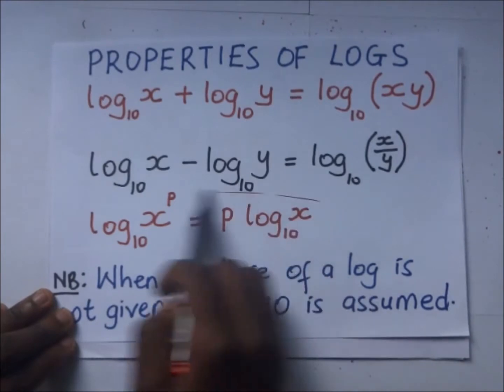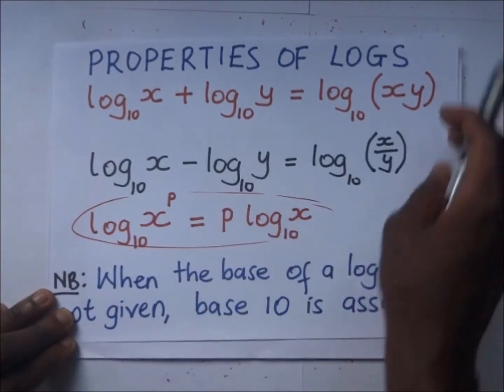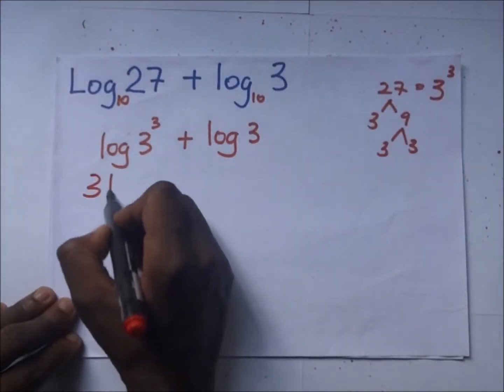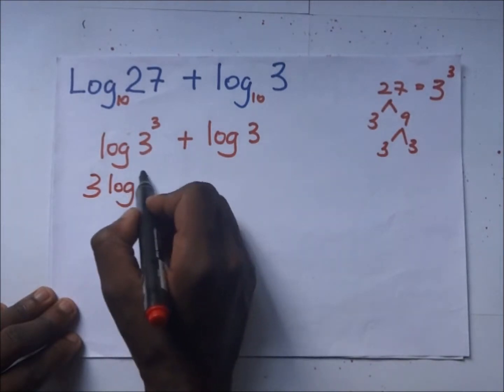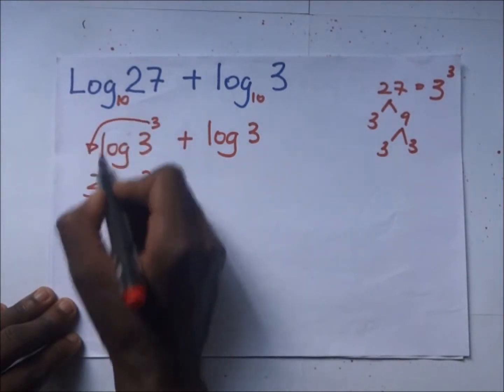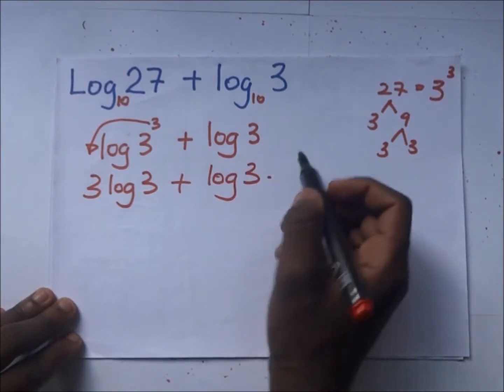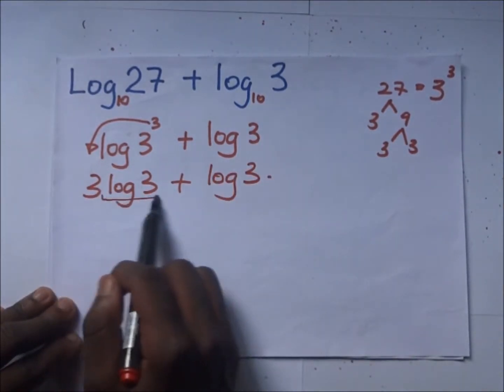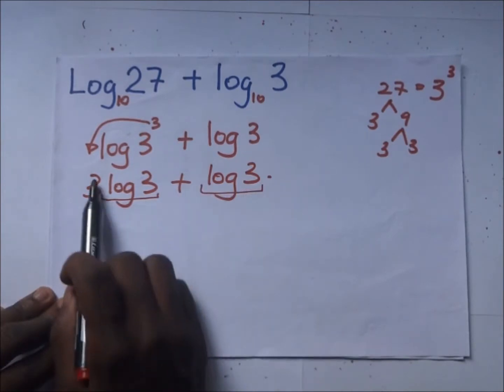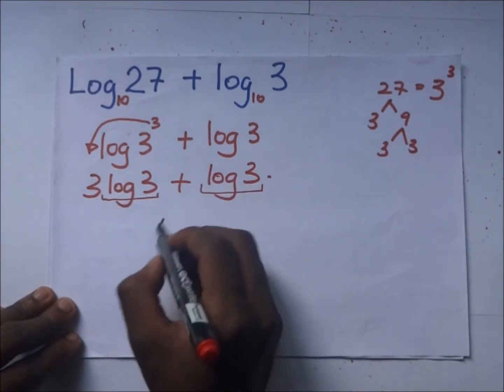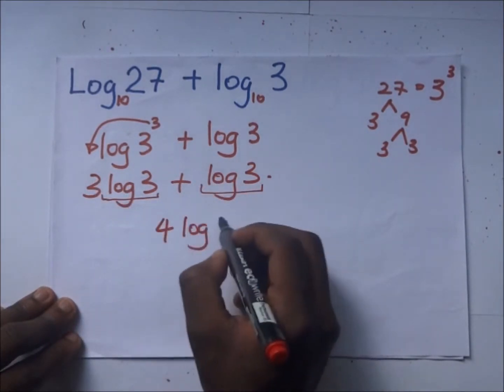Using this property, it's going to become 3 times the log of 3, this 3 comes right there, plus the logarithm of 3. Of course, it's like saying 3x plus x. So 3 log 3 plus log 3 is going to give us 4 log 3.